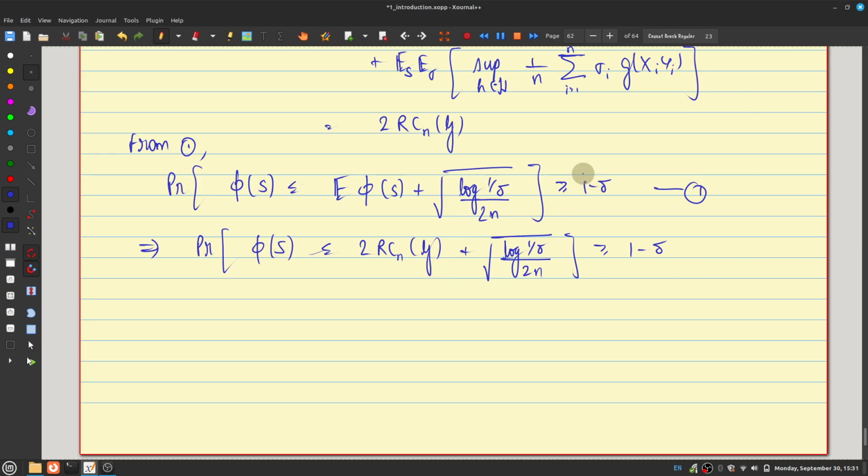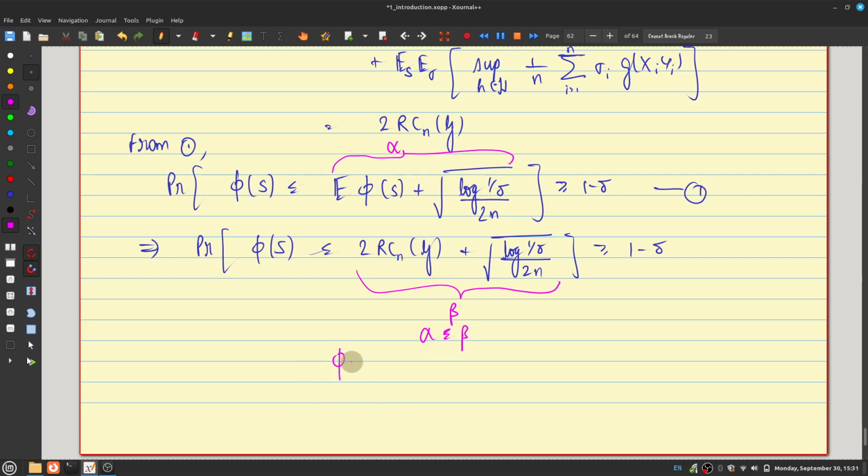That's okay. I just want a lower bound, right? So let's call this alpha, and let us call this beta, right? I know that alpha is less than or equal to beta.